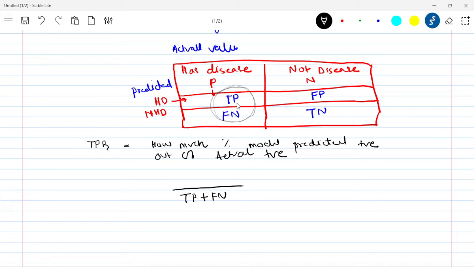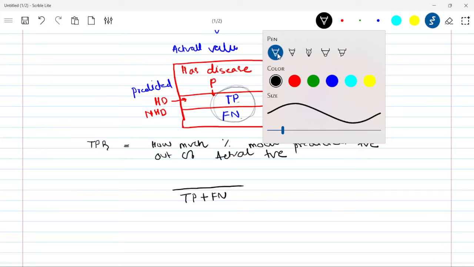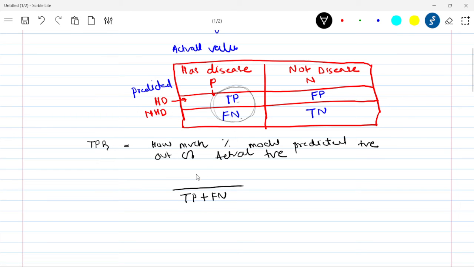Out of this, these many values are projected by your model as true positive. These are also positive, but the model projected them as negative. So the total persons having disease is nothing but TP plus FN, and out of which how many values are projected positive? That is TP. So this is called sensitivity.